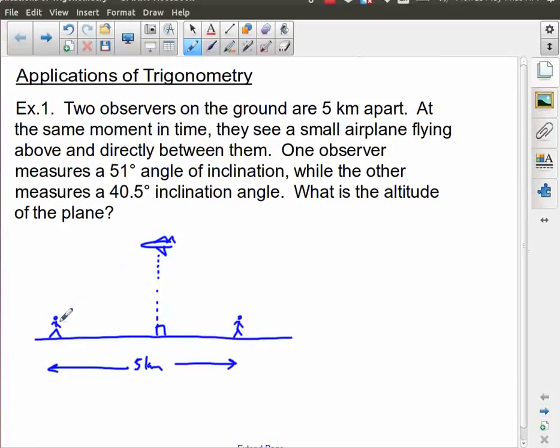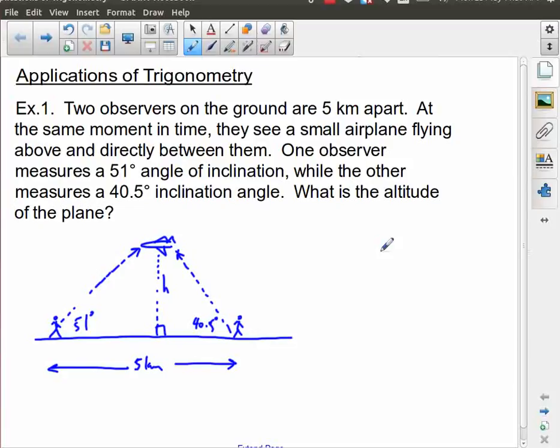One of the observers looks up and sees the plane at an angle of inclination of 51 degrees. And the other observer looks up and sees the plane above them at an angle of 40.5 degrees. And that's it. So now we're trying to find what is this altitude, what is this height h.